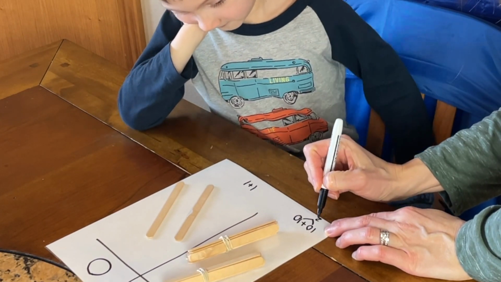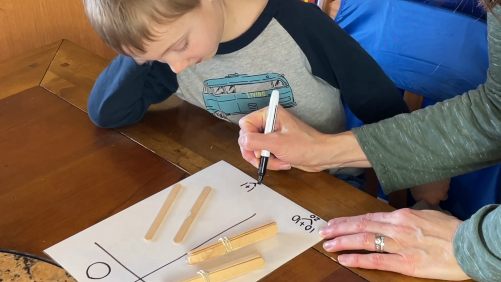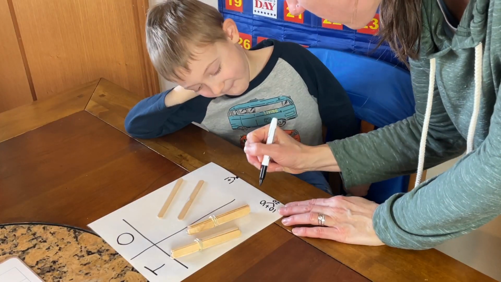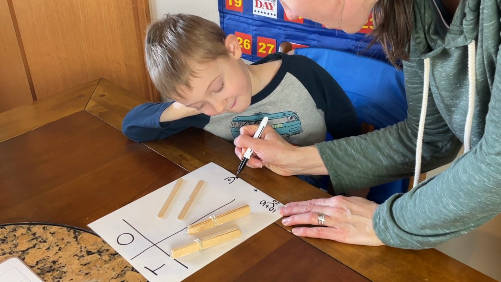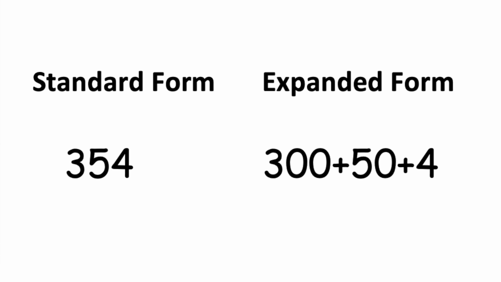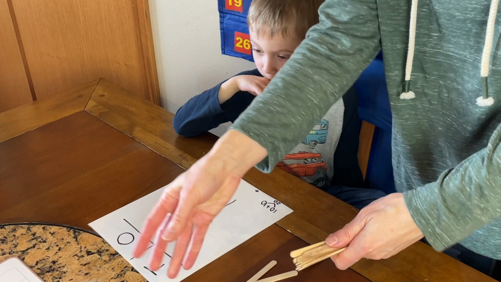Progressing from here, you can show different ways to write that number, kind of like this with 10s and 1s, and using the expanded form versus the standard form, which you'll see here. So expanded, you're just breaking it apart into the 1s, 10s, hundreds, and then so on. So they should be able to take a number in standard form here and break that apart into the expanded form and know how many 1s, 10s, hundreds are in that number.